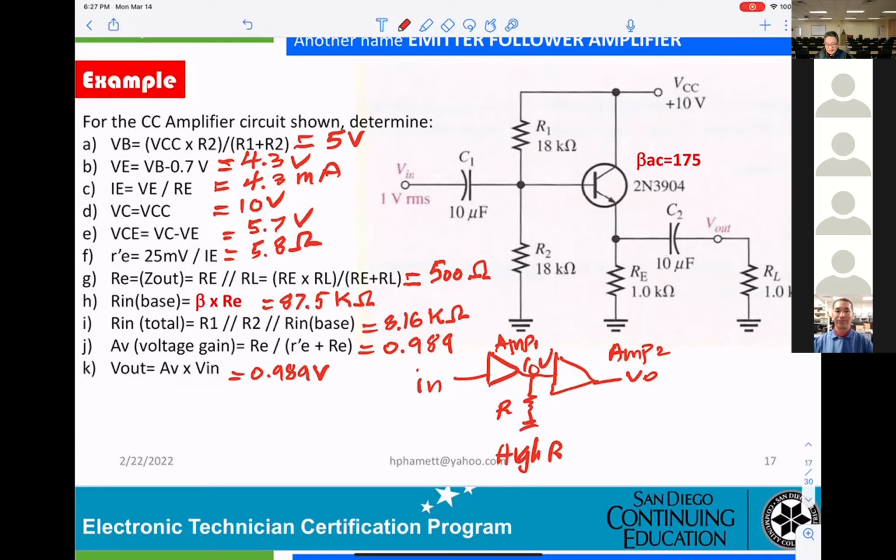Okay, so what I want you to know, when you're looking into the circuitry, is that you know it is a common collector. That's the first thing. Second thing, if they want to understand why they call it the emitter follower amplifier, that is because the output and the emitter voltage will be the same.